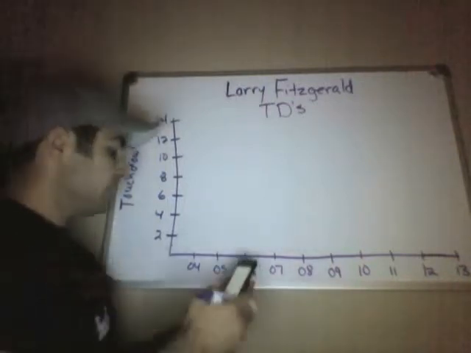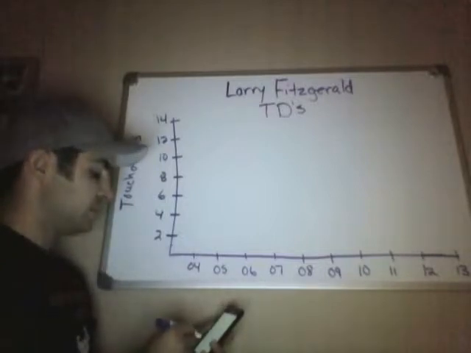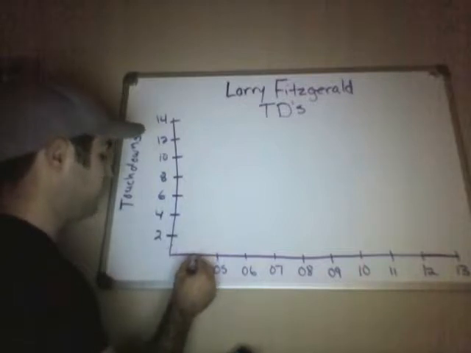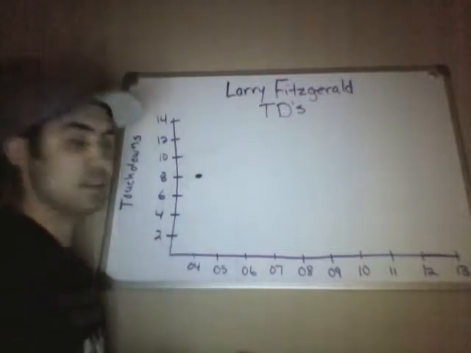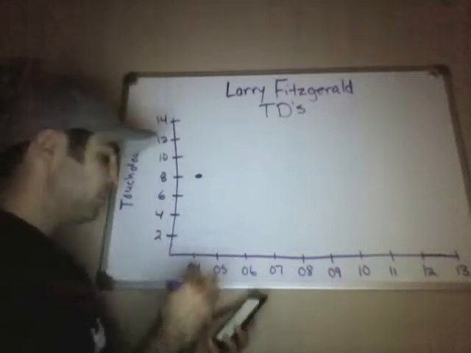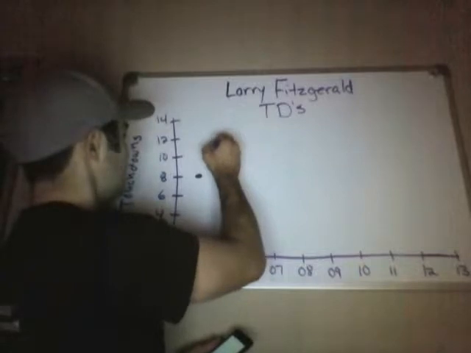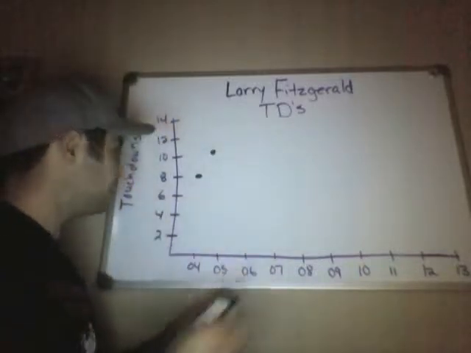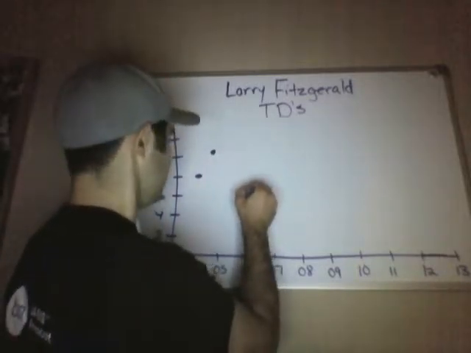All right. So I'm going to go ahead and chart out how many touchdowns he had. So his first year in 2004, he had 8 touchdowns. So in 2004, I'm going to put a dot at 8. Okay. 2005, he went up. In 2006, he went down. He had 6 touchdowns.